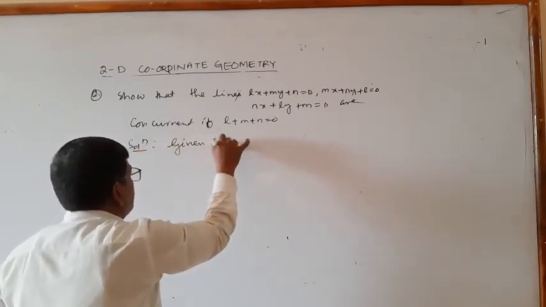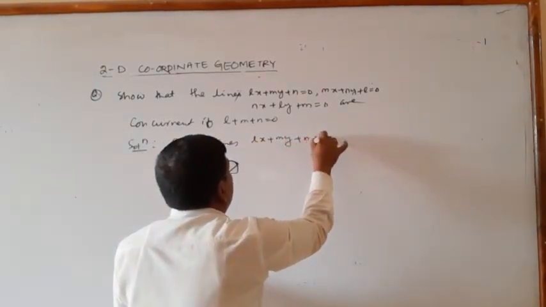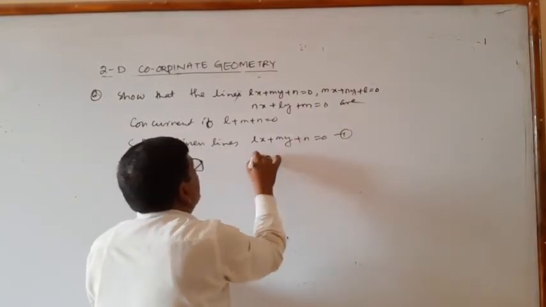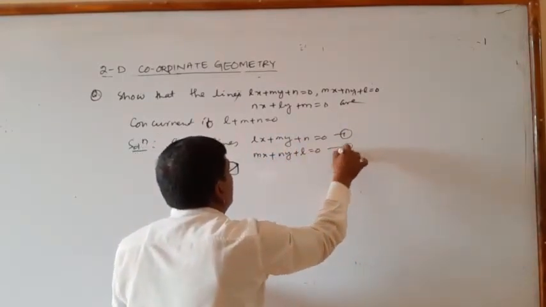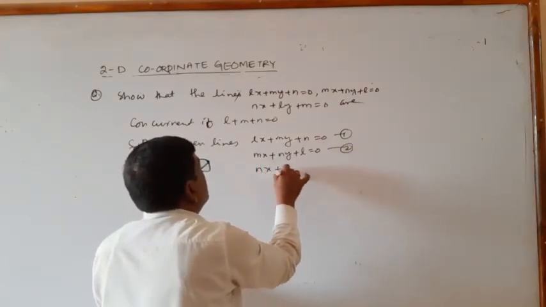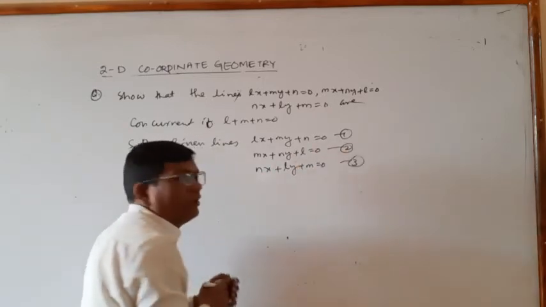Solution: given lines Lx plus My plus N equal to 0, equation 1; Mx plus Ny plus L equal to 0, equation 2; Nx plus Ly plus M equal to 0, equation 3.